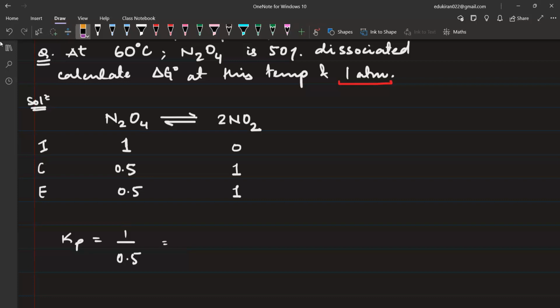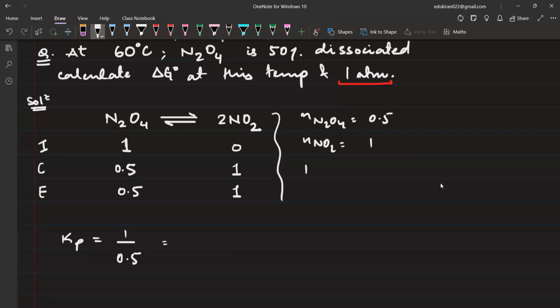What would happen if we take moles? If we take moles here, then this is 0.5 moles, and here we have 1 mole of NO2. Initially we have 1 mole of N2O4. So number of moles of N2O4 is equal to 0.5. Number of moles of NO2 is equal to 1.